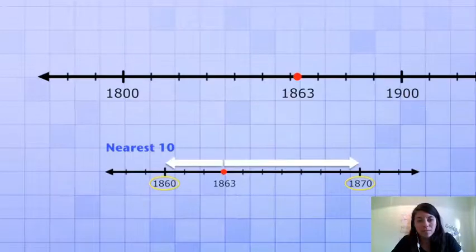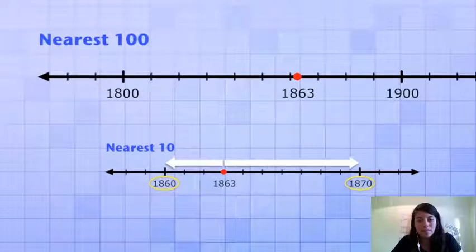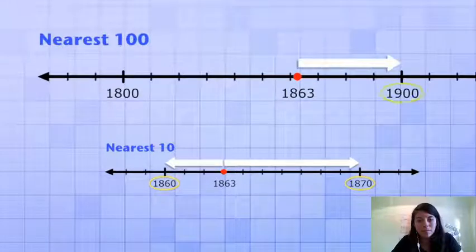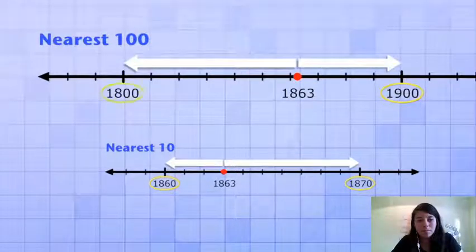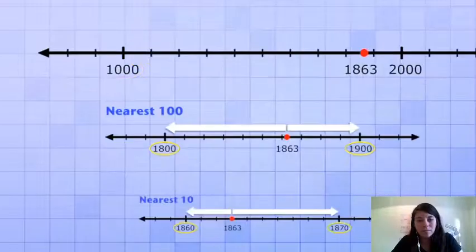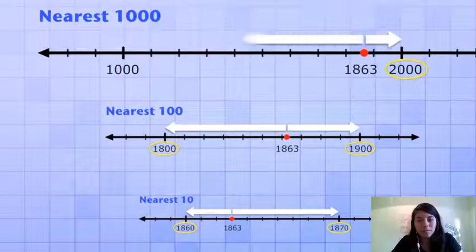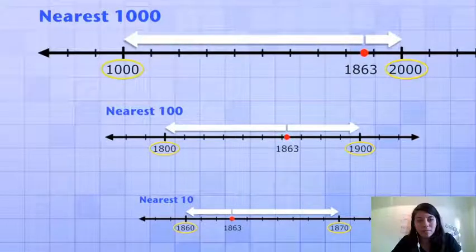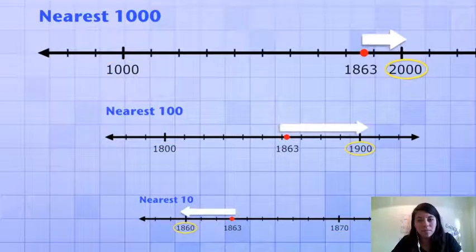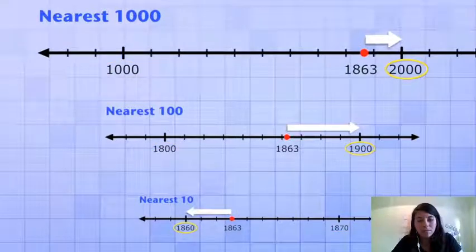But if we want to round it to the nearest 100, we need to decide if it goes up to 1,900 or down to 1,800. And if we want to round it to the nearest 1,000, we need to decide if it goes up to 2,000 or down to 1,000. And in each case, the decision was based on which round number was closer to the original exact number.